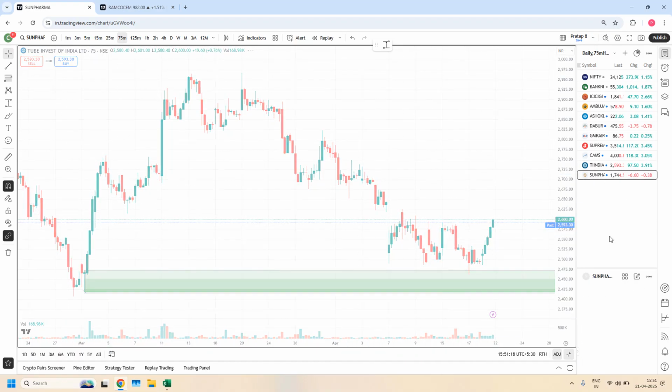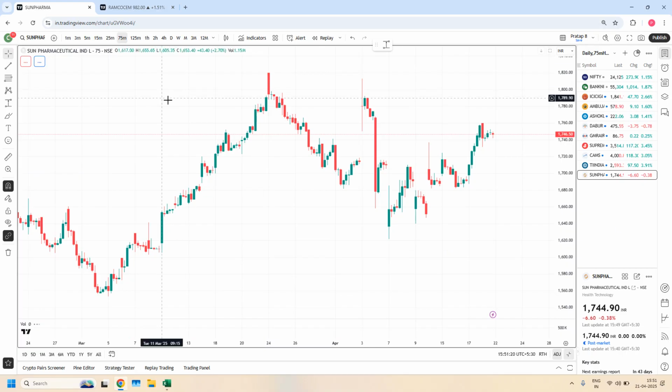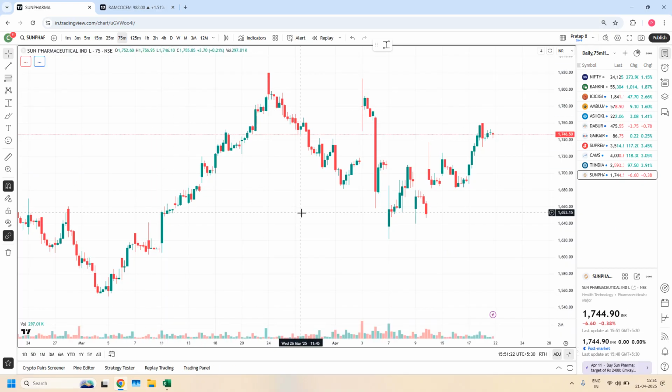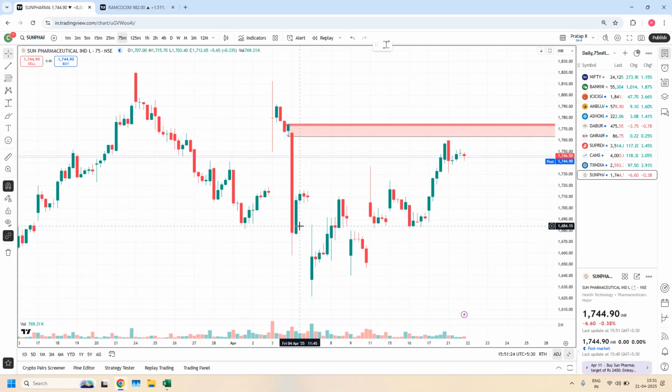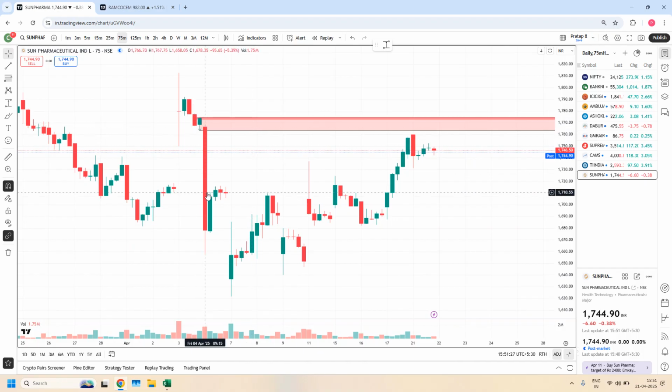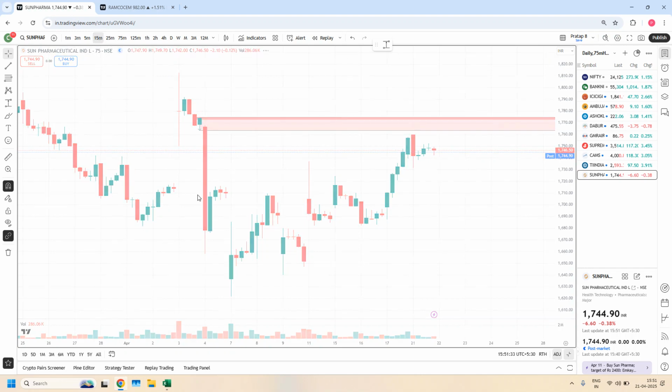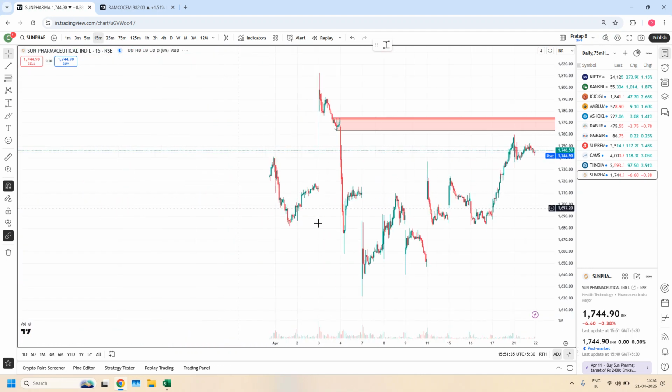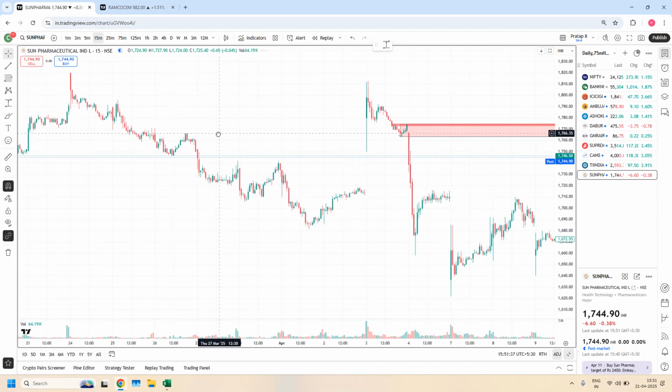And the last one is Sun Pharma. Sun Pharma, we have a drop base drop. 75-minute zone drop suggested by our software. And this one, when I fine-tuned with the 15 minutes time frame, the 15-minute structure, I am not at all comfortable.